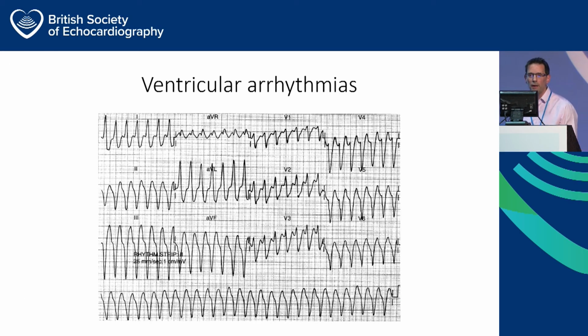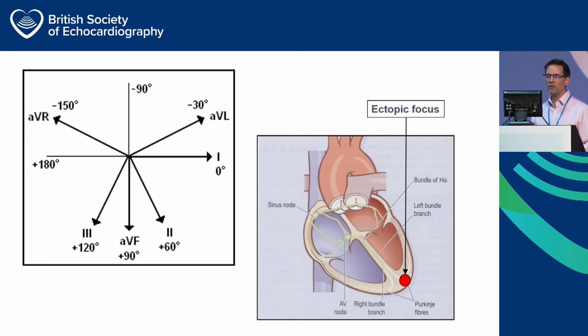Okay, last bit. We're upping the ante now. We're moving on to ventricular arrhythmias. So this ECG here I quite like because it's got the classic abnormal upward projection of the QRS pattern in AVR. And when we look at our 12-lead ECG, we recognise that this means there'll be an ectopic focus somewhere towards the apex, and it will be activating the wrong way round.